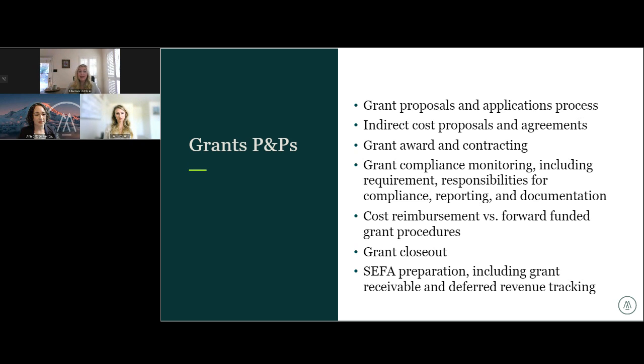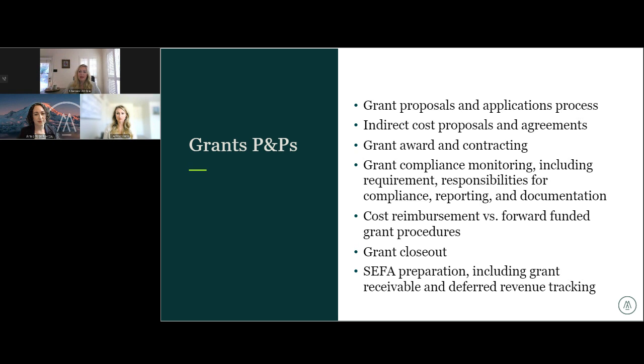And then lastly, the CEPA preparation. So this would only apply to organizations that are going to be having a single audit. So making sure who is going to be doing that CEPA preparation, and usually that's going to be someone identified in your finance department.